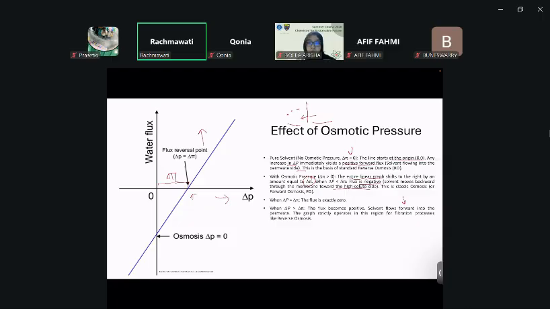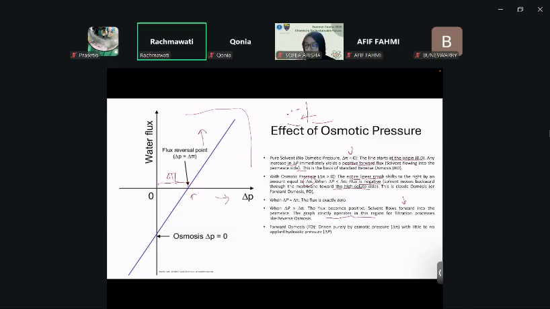So in this case, the graph strictly operates in this region, and this process is what we call reverse osmosis, because we force nature not to do osmosis. We force the water to go from the feed solution to the permeate by applying pressure higher than the osmotic pressure.